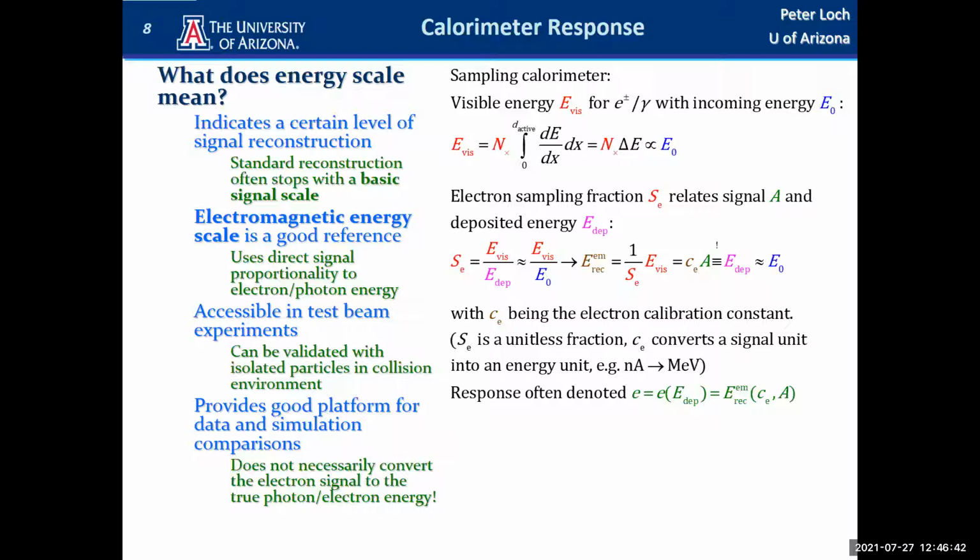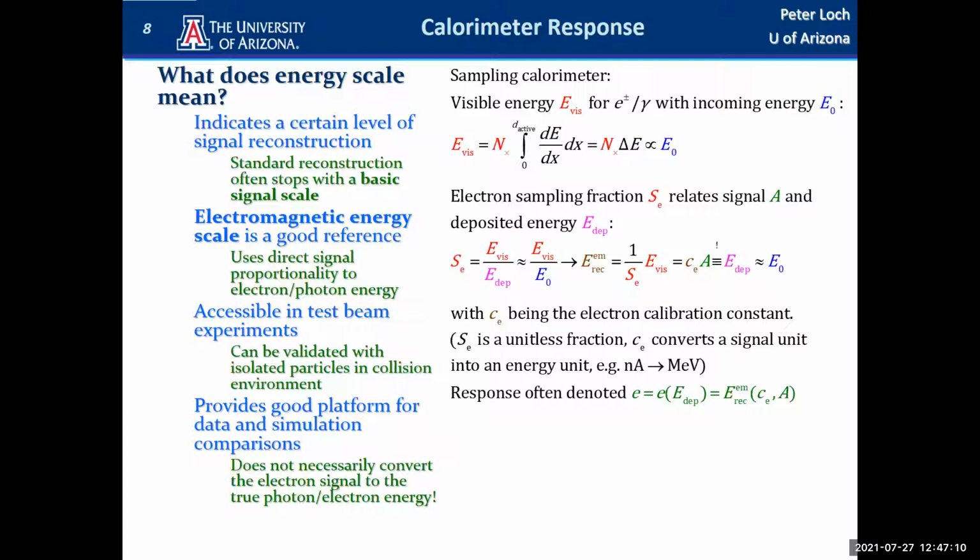And this constant is what we call the electromagnetic energy scale. So we take our reading, indicated by the letter A here in green. This is our reading from the detector. We multiply it by a constant and we get a good estimate for the deposited energy on average if we have an electron in the calorimeter.